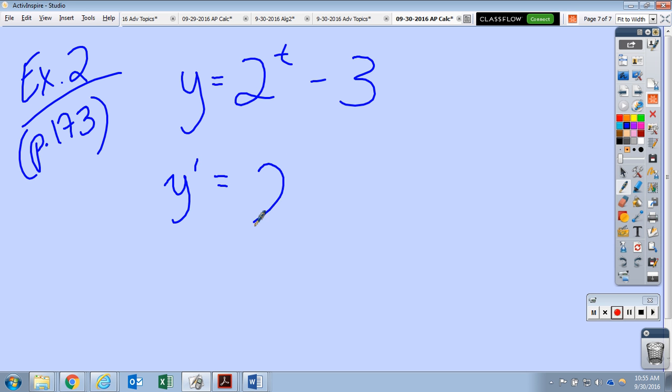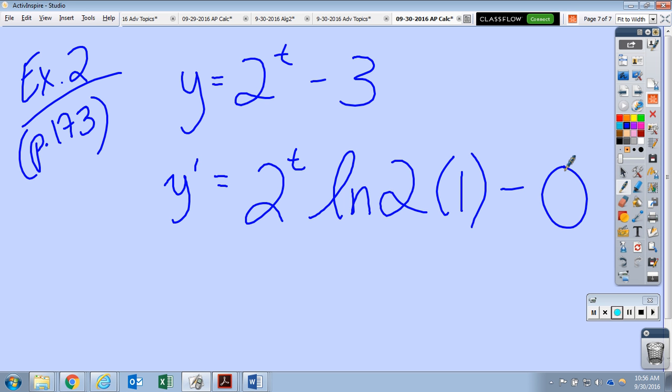So it would be 2 to the power of t times the ln of 2, and then the derivative of t with respect to t is just 1, so we technically do this, and then minus 0.